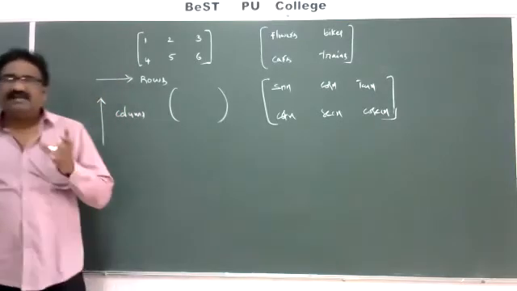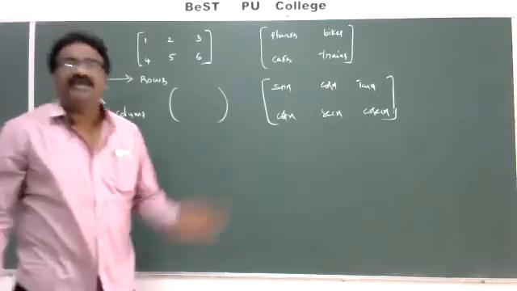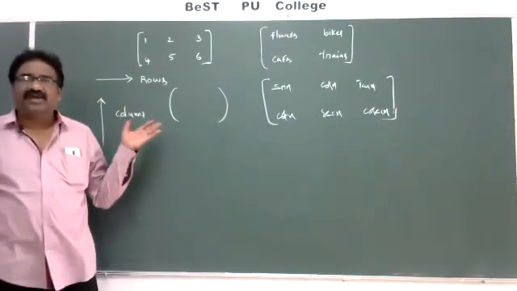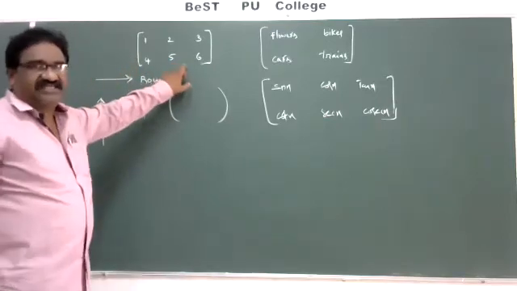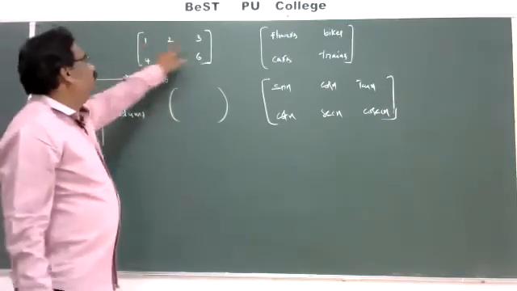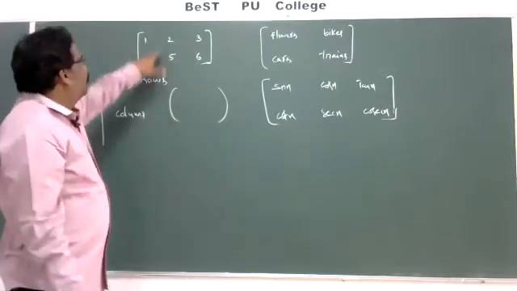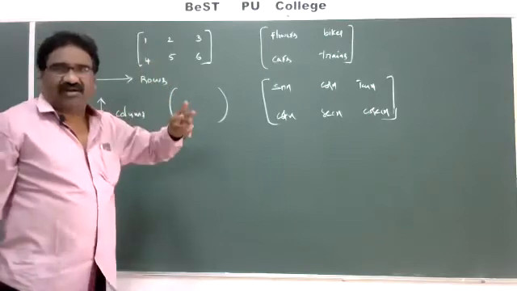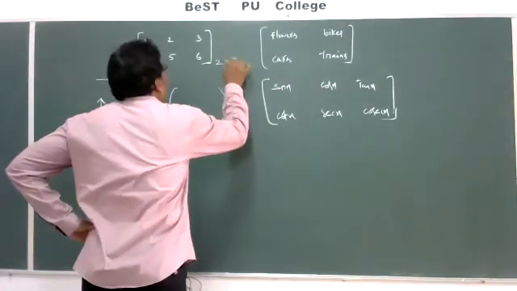Next, what is meant by order of the matrix? Order represents how many rows and how many columns. For example, consider this matrix. In this matrix, we have 2 rows, 2 horizontal lines, and 3 vertical lines, that is 3 columns. This is expressed as 2 by 3.